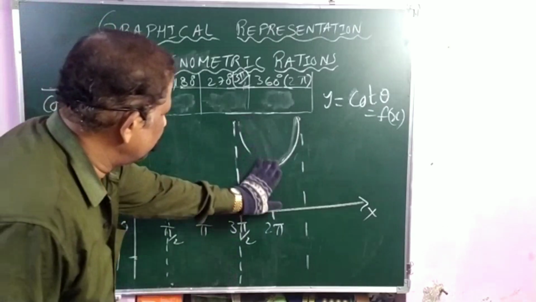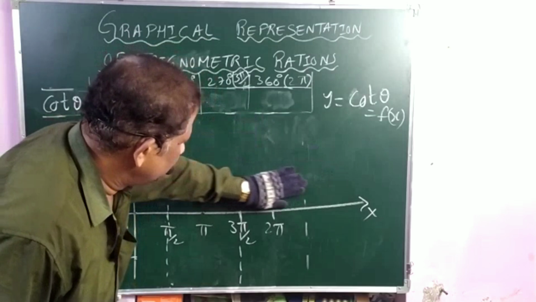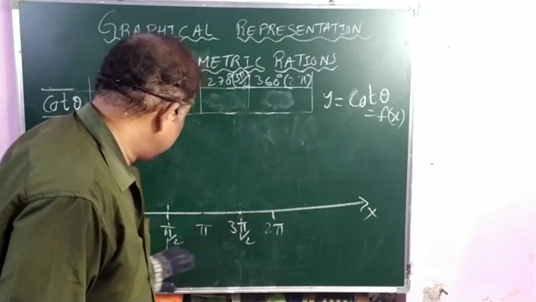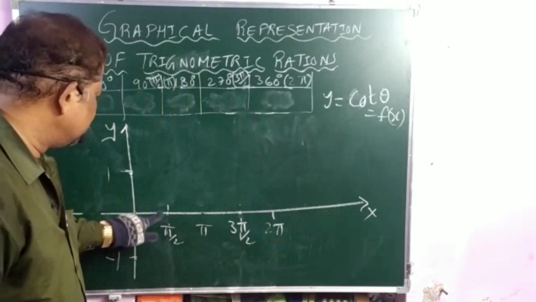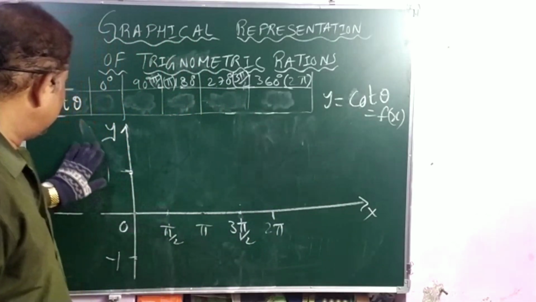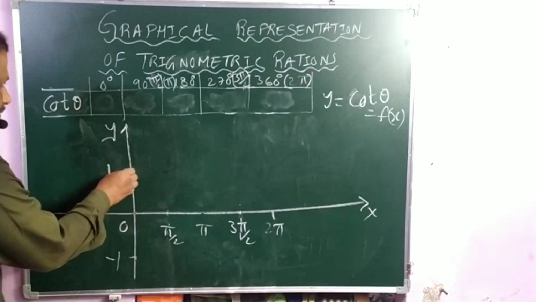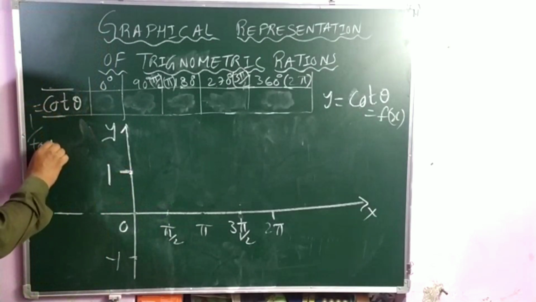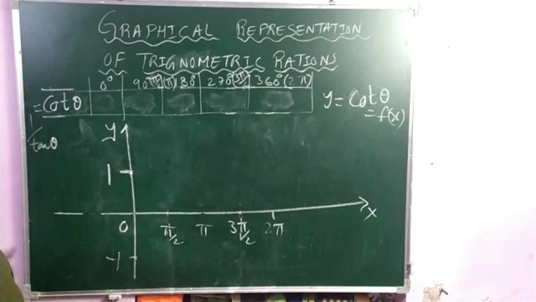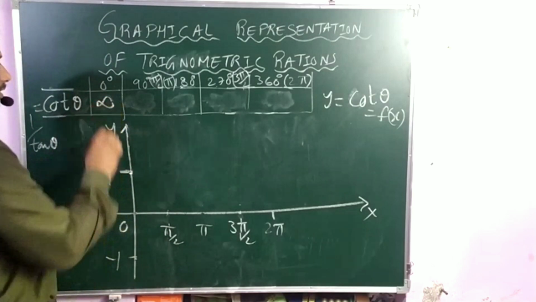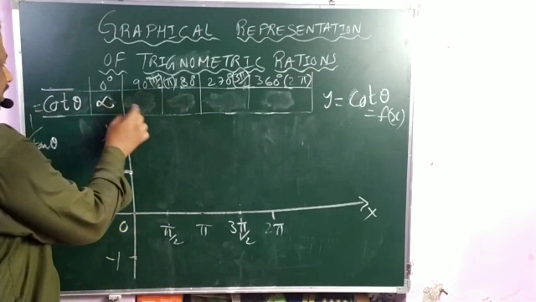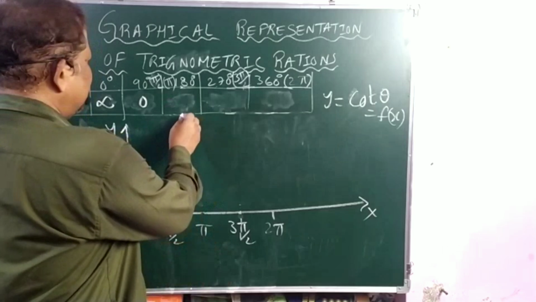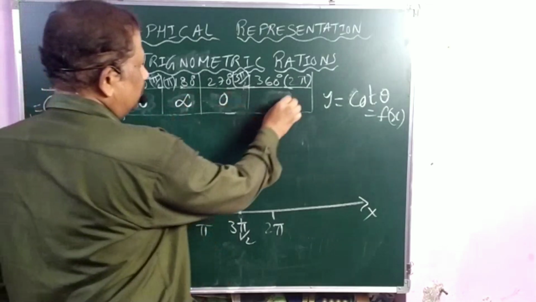Now for cot theta, on the graph you have to carefully observe where the cot becomes infinity. It is the reciprocal of tan, 1 by tan theta. So tan 0 degrees is 0, 1 by 0 is infinity. Tan 90 is infinity, 1 by infinity is 0, and again it comes infinity, 0, infinity.